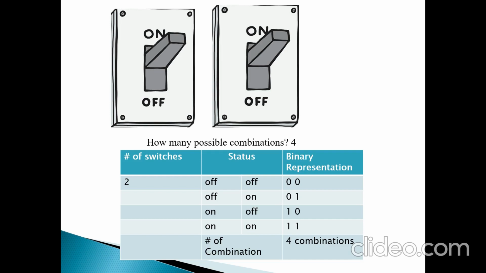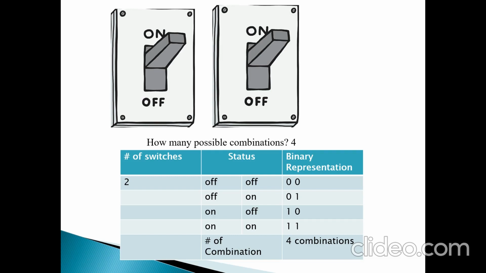So how are we able to come up with four possible combinations with the use of two switches? Number of switches, we have two. Status, if you turn off all the switches, the binary representation will be 0 and 0, because off is equivalent to 0 in binary. The second possible combination will be, you turn on the first switch and turn off the second switch. It will give you a binary representation of 0 1. 1 is on, 0 is off.